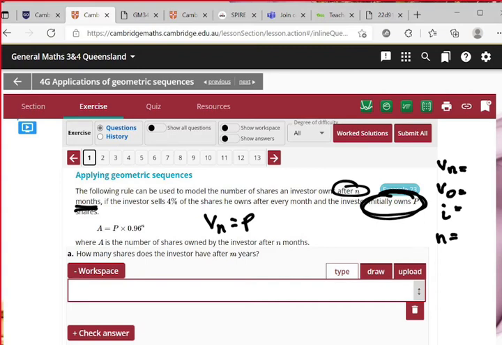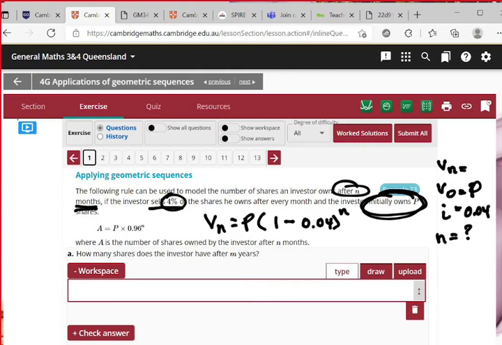Same thing as principal, remember, if we use that, times 1. Now he's selling shares, which means that the number of shares he owns is going to go down. And 4% as a decimal is 0.04, right? So minus 0.04. And of course, it's raised to the nth power, and we don't know that value either.